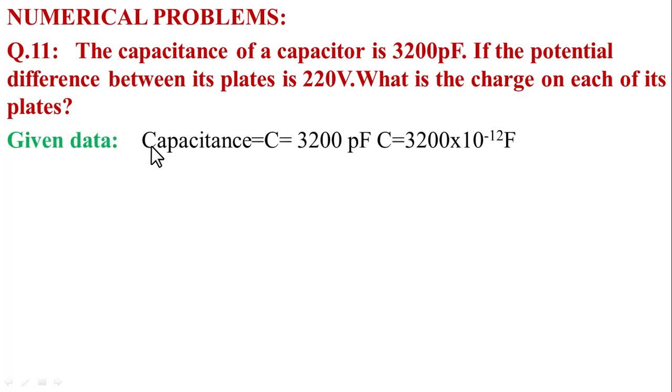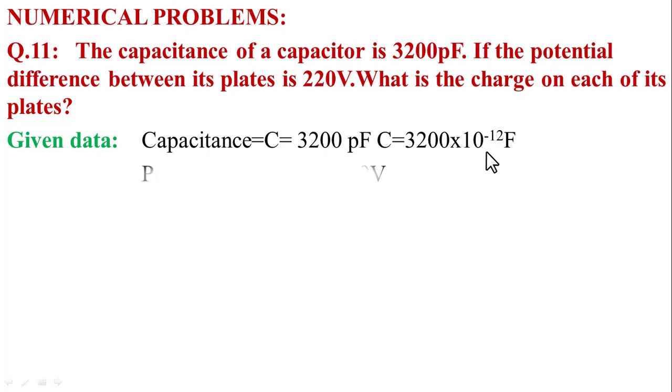According to the given statement, write the given data. Capacitance C is equal to 3200 picofarad. This implies that C is equal to 3200 multiplied by 10 raised to power minus 12 farad. Here 1 pico is equal to 10 raised to power minus 12.